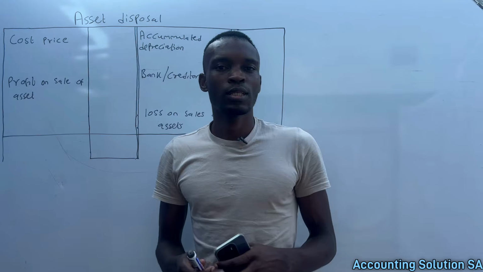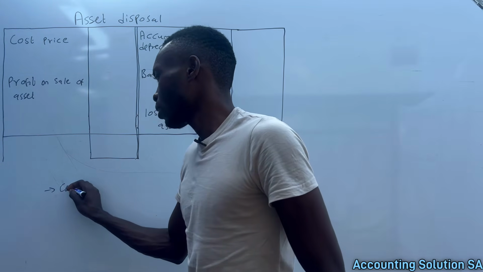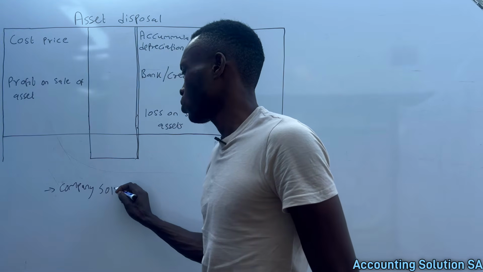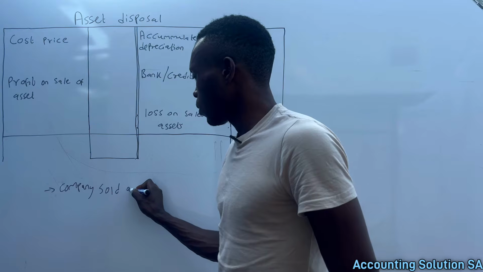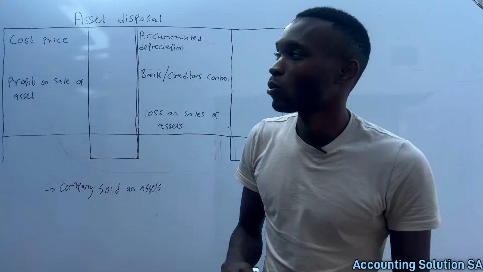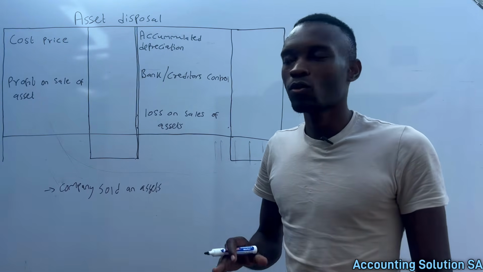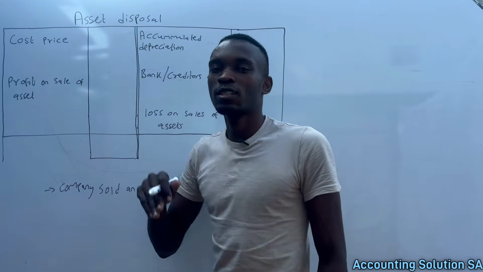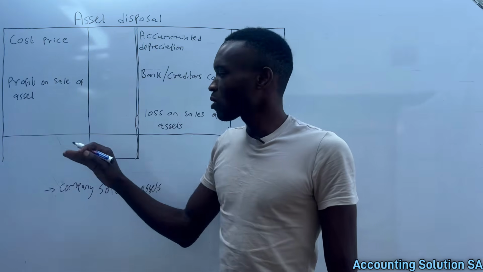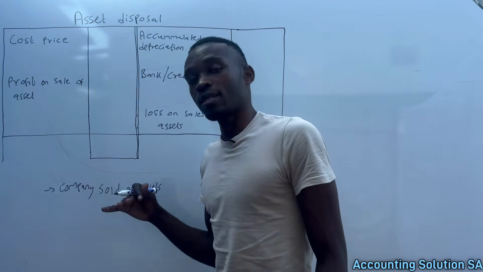When we talk about an asset disposal, guys, know that a company or a business sold an asset. If a company sold an asset, we need to prepare what we call asset disposal. The main purpose of calculating an asset disposal is to see whether we have made a profit or a loss when we sell a second-hand asset.